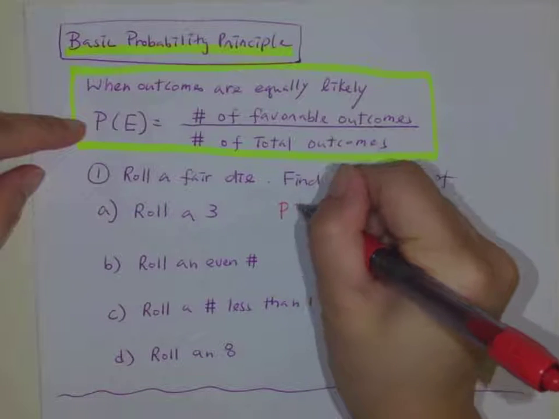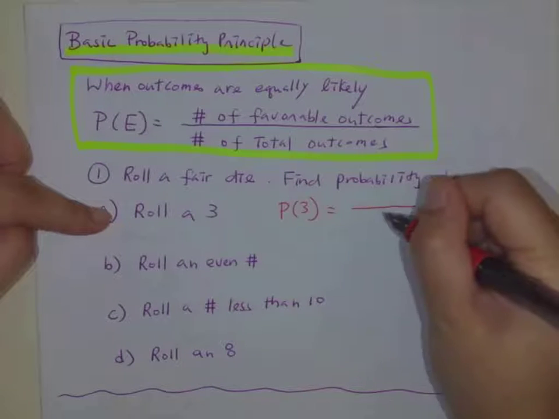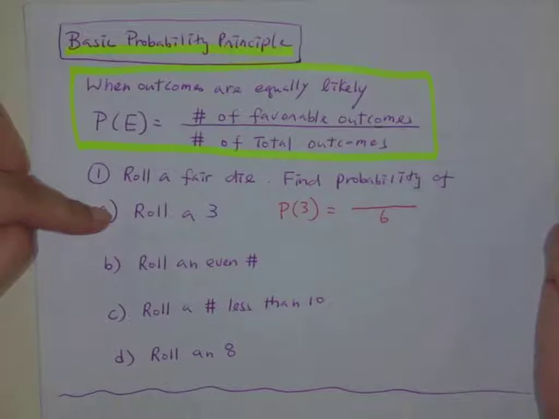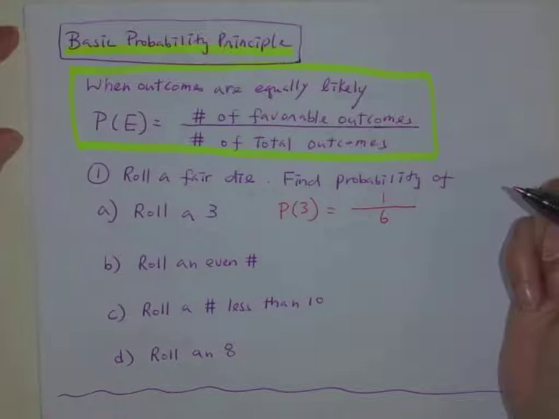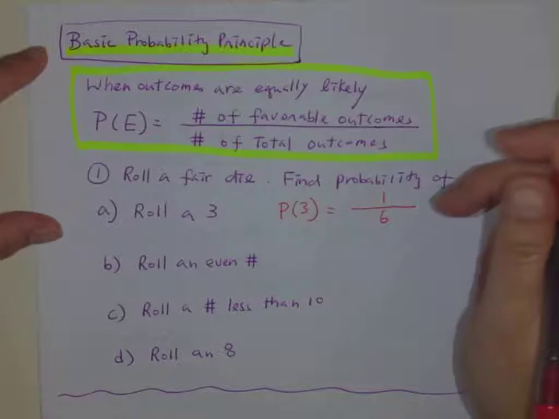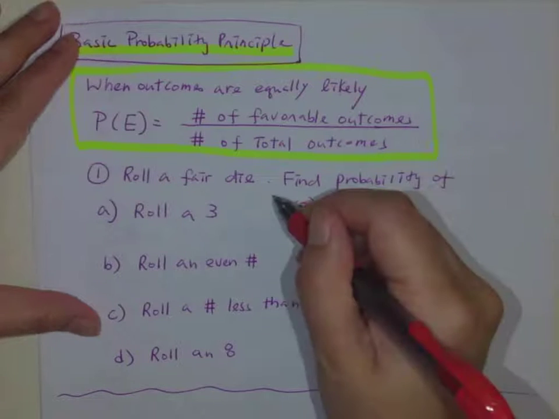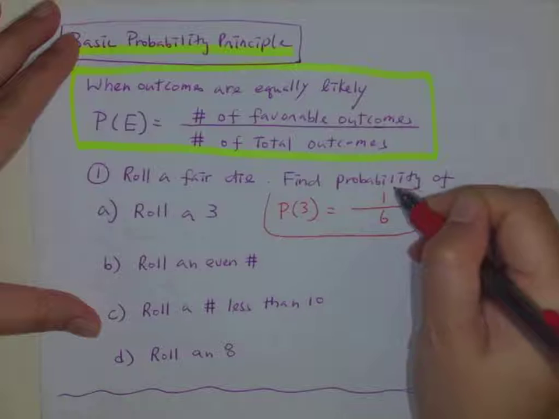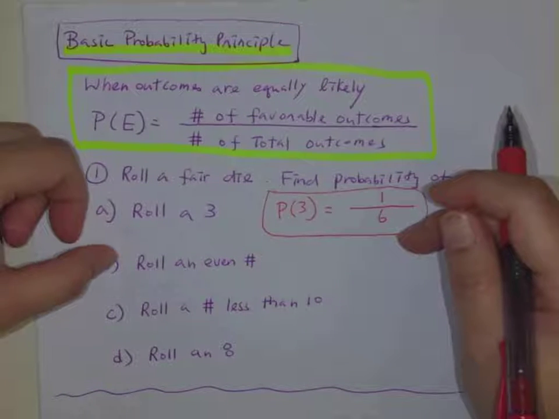Probability of a 3: totally a dice has 6 outcomes, 1, 2, 3, 4, 5, 6, and 3 I only have one of them. Not 3 out of 6. So one favorable outcome out of 6 total outcomes, that would be my probability. And remember, probability is between 0 and 1, so 1/6 is an okay answer.